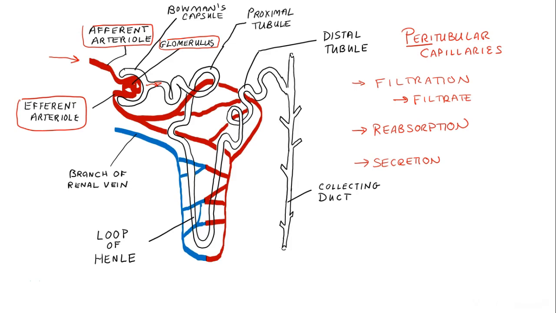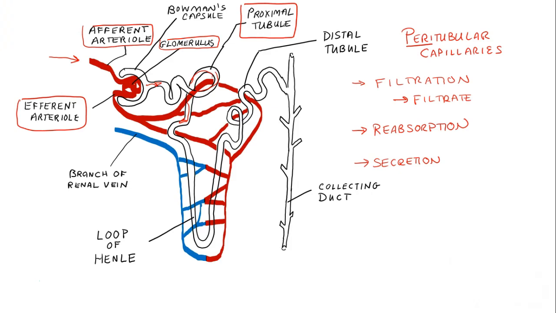About 75% of what is reabsorbed back into the blood is going to be reabsorbed in the proximal tubule. And then the remaining filtrate is going to continue on down into the loop of Henle.